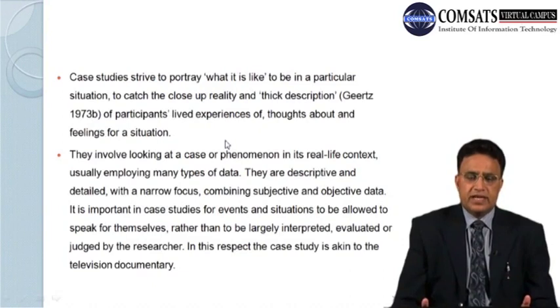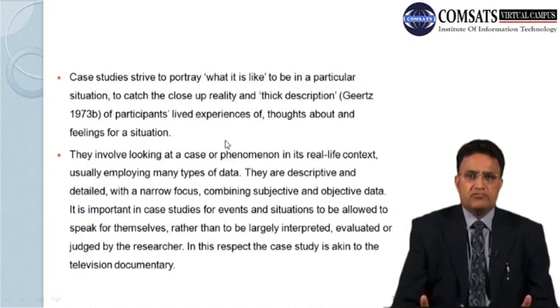So case studies strive to portray what it is like to be in a particular situation, to catch the close-up reality and thick description of participants' lived experiences of, thoughts about, and feelings of a situation.